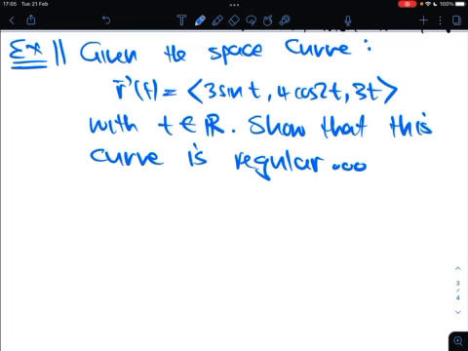So this is what you will get. You will get a problem like this one when you are given a space curve and you are asked to show that it is regular for all parameter values that lie within the real numbers.